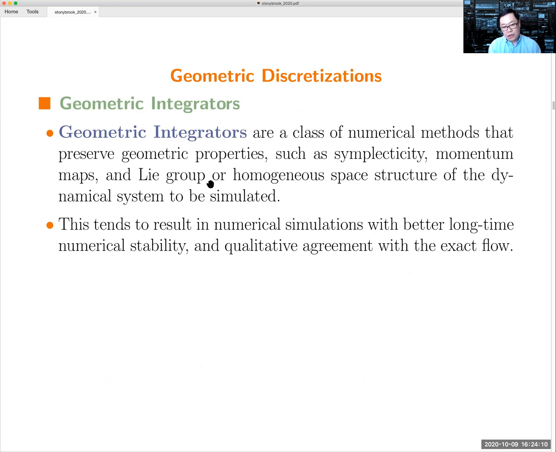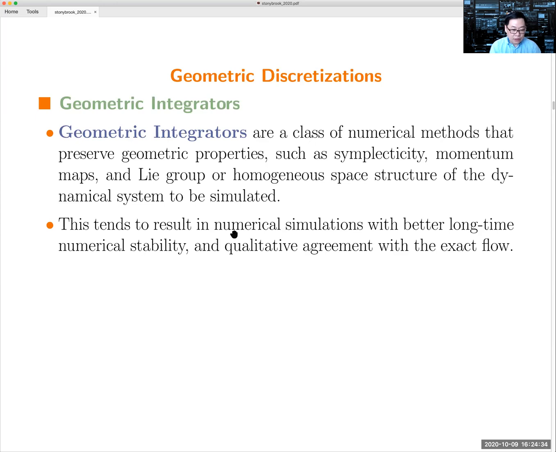For example, these might have structures, so they could be a Lie group, or they could be homogeneous spaces. And so the question is, how do you systematically construct numerical methods which respect those properties? Okay, and the motivation for doing all of this is that this tends to result in numerical simulations with better long-time numerical stability and better qualitative agreement with the exact flow.